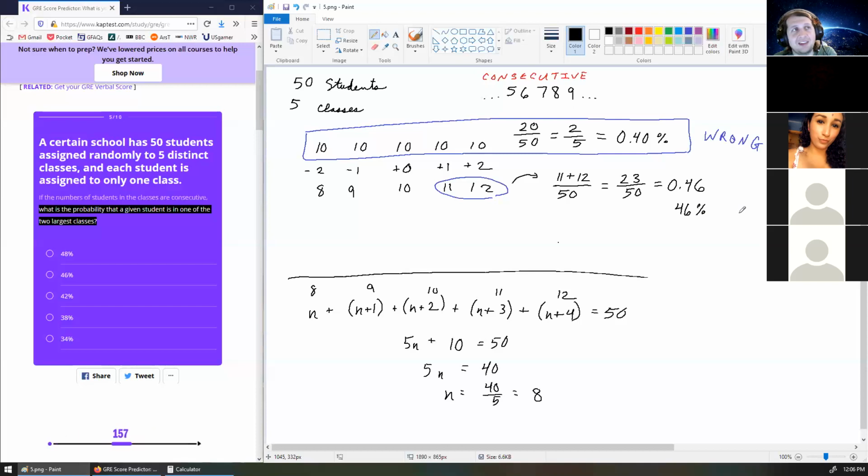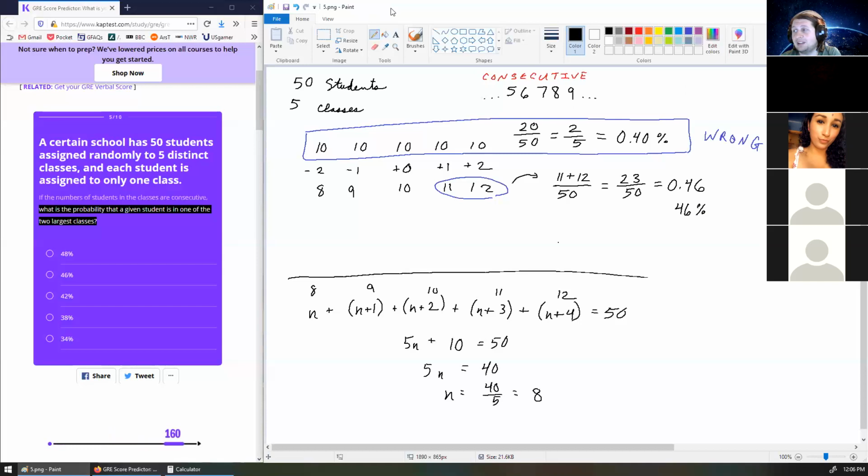All right. So that was kind of a confusing question, mostly because this is more of a logic question, mathematical logic, and probability question. The math here is actually not that difficult.